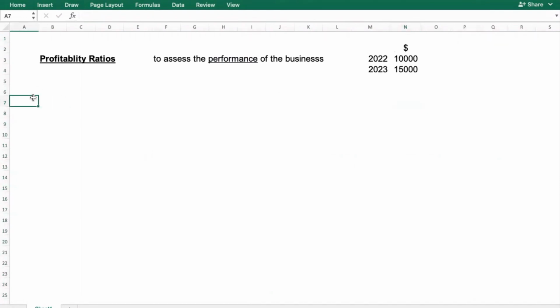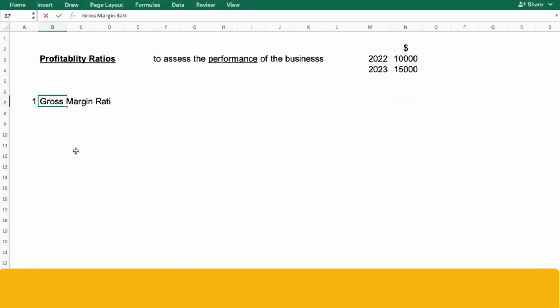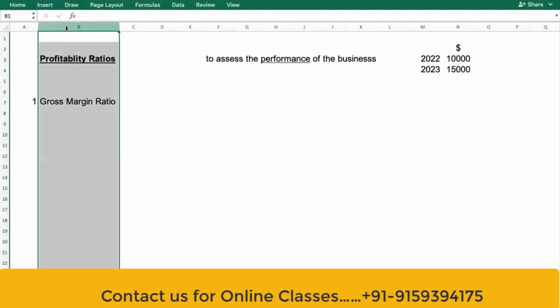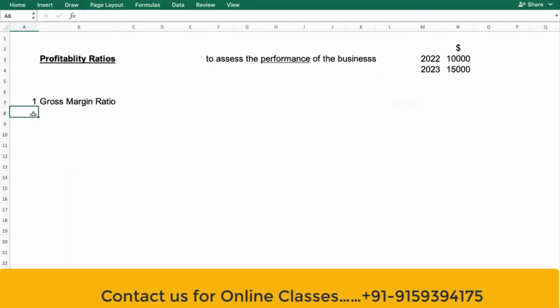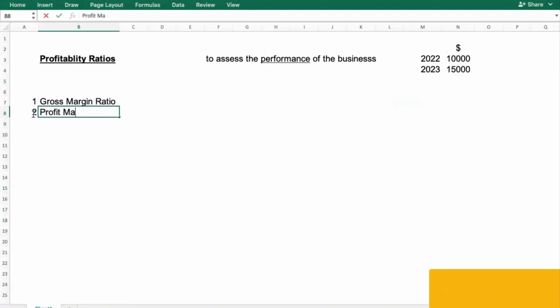In this category, we include which ratios? First, the gross margin ratio. Then the next ratio we include is the net profit margin ratio, or you can call it the profit margin ratio. That's two ratios.